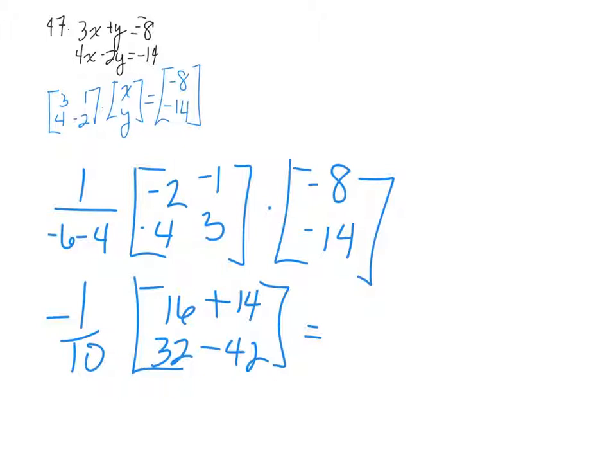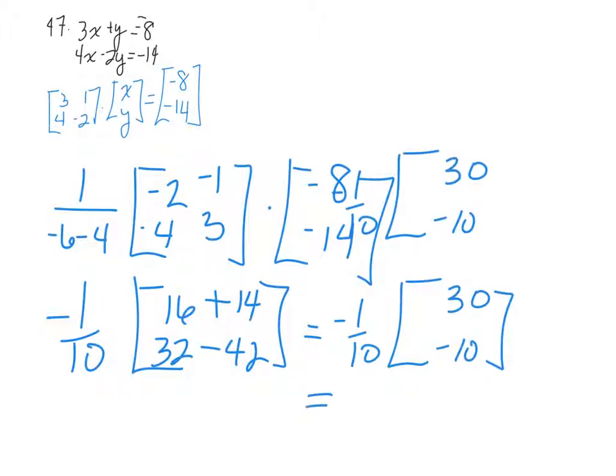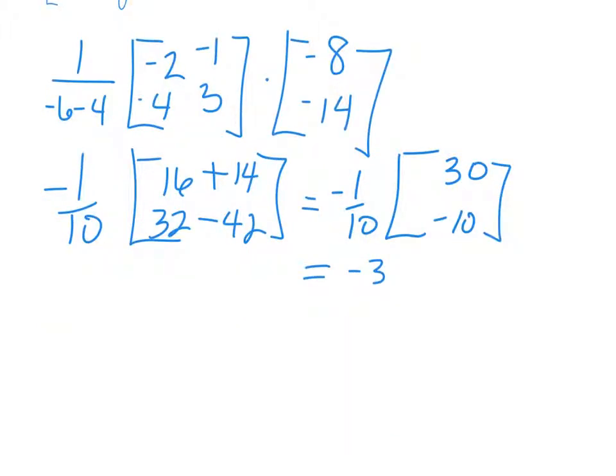And happily, they're all going to be multiples of 10. So I've got 30 and -10, which leaves us with -3. And negative times negative is positive 1 for our column matrix, which translates into -3, 1 for our ordered pair.